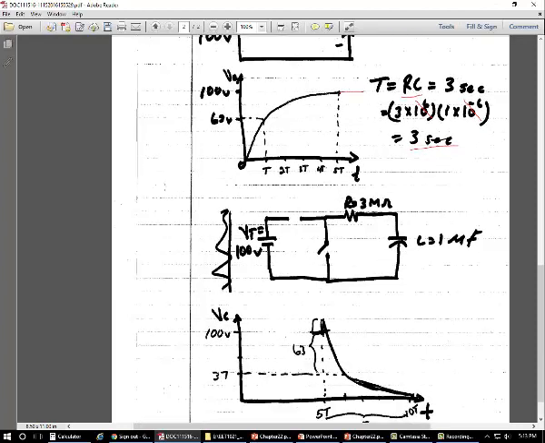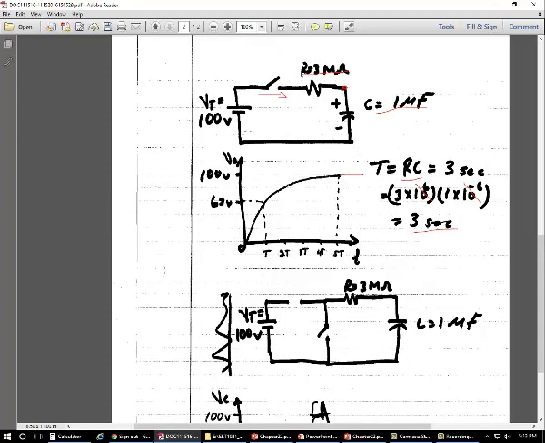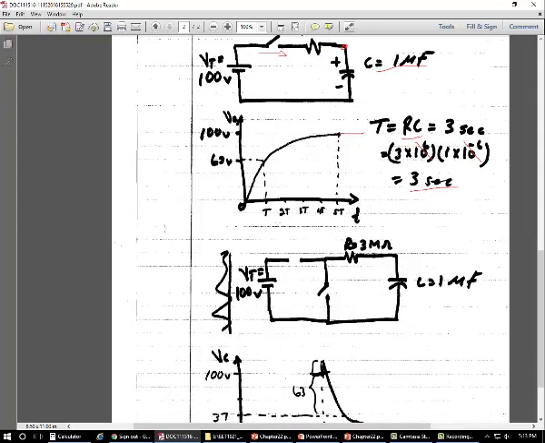Similarly, let's look at when the capacitor discharges. Say we apply the 100 volts to the circuit and close the switch. It will take 3 seconds for the capacitor to fully charge, and then it will hold all the voltage and remain like that. Then we open the circuit and short this capacitor, so we have a circuit that only has the capacitor and the resistor.